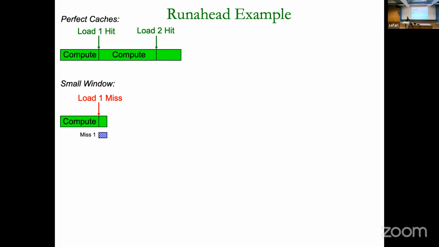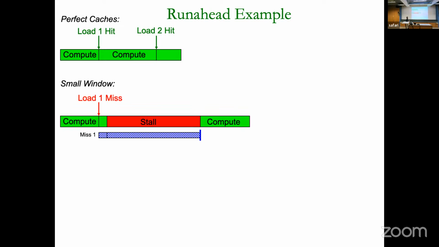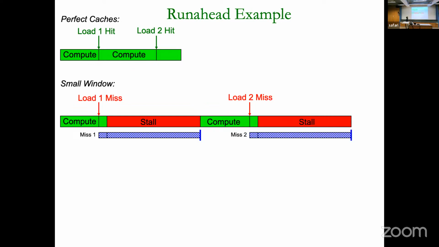If they're independent, you can start executing. Fine, instruction-level parallelism. But then after some point, that also stops. Then you have no other way than stalling until this miss returns, and your processor can only proceed when the miss returns. You do compute and voila, you have another load miss. And then the same thing happens again. So life is hard here.